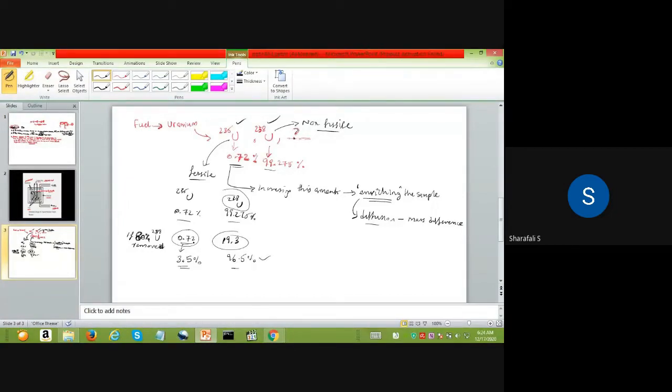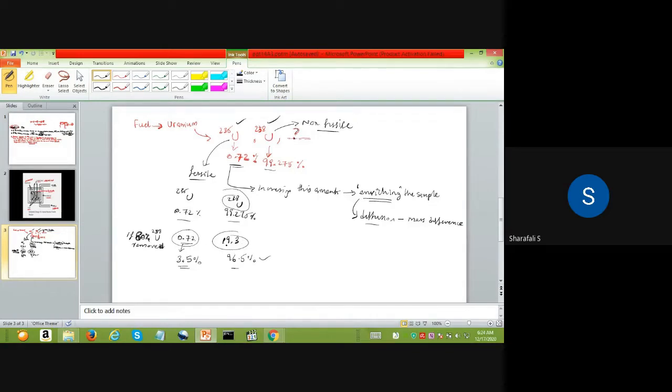So this is just 0.72, and you take the percentage of this 0.72 to this, for example, 20. So let's say this is 0.72 plus 19.3, total you get almost 20. Then you divide 0.72 by 20, and that will come out to this value. You just check that.